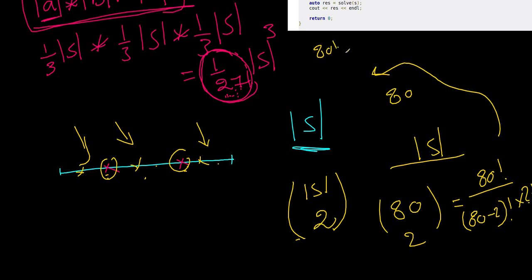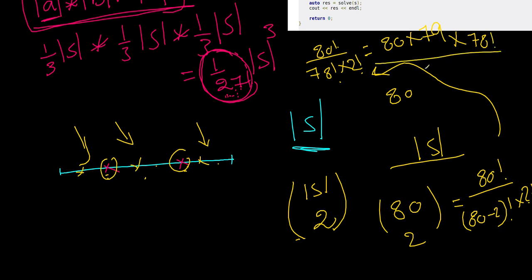and this equals 80 factorial divided by 78 factorial multiplied by 2 factorial, which equals 80 multiplied by 79 multiplied by 78 factorial divided by 78 factorial multiplied by 2.